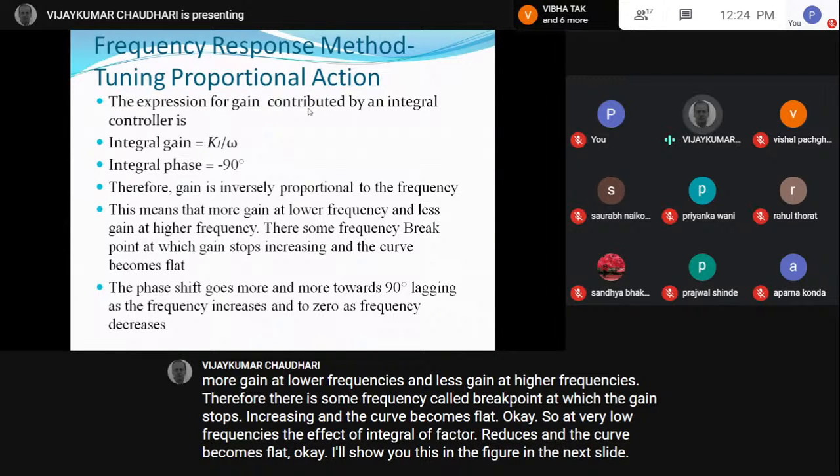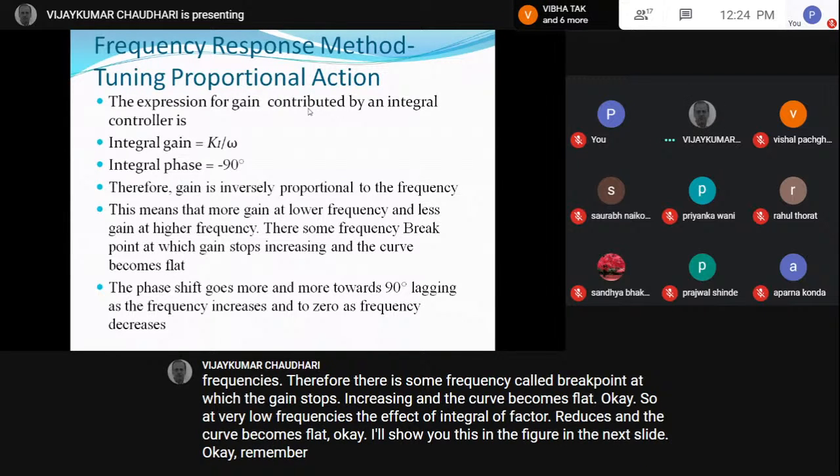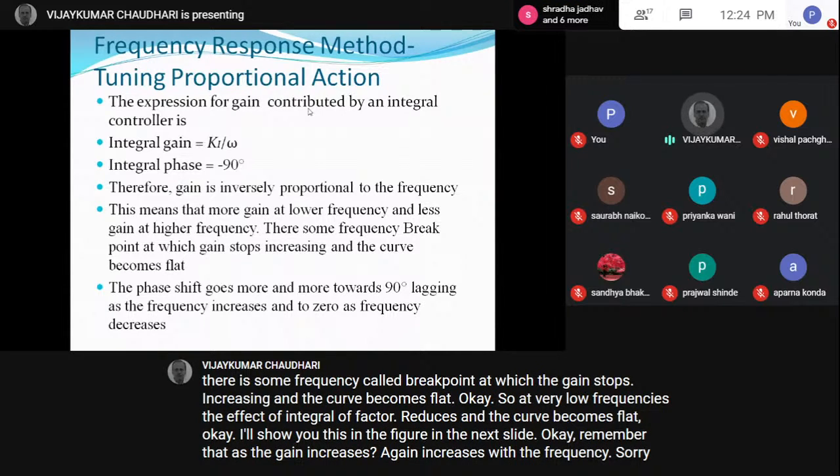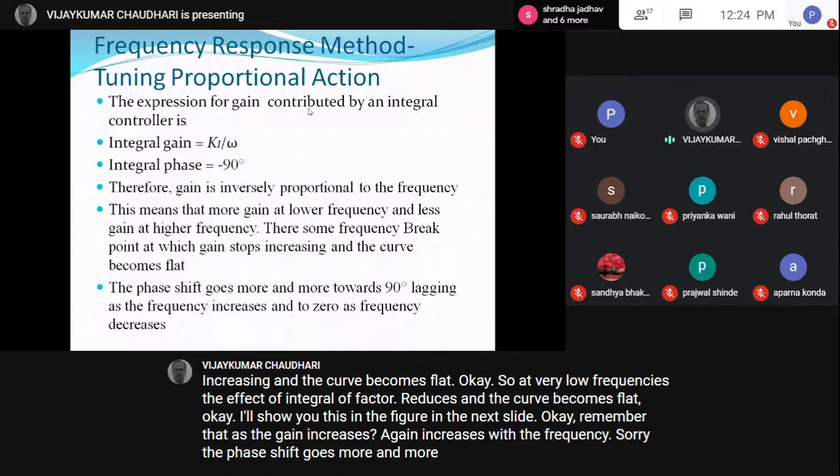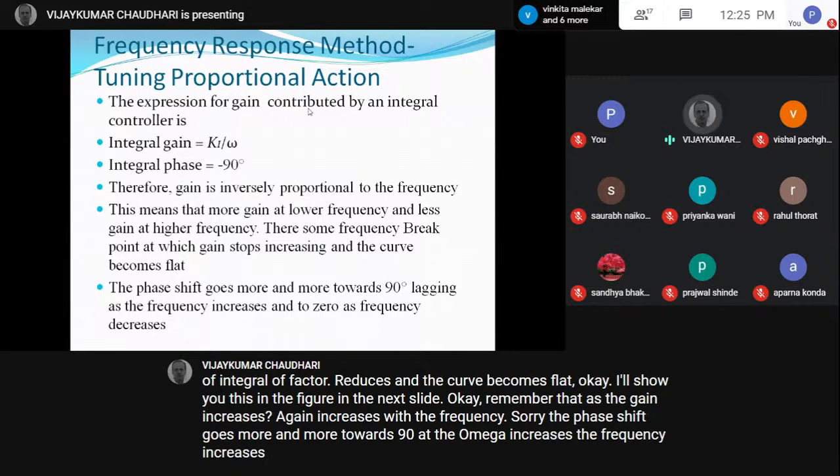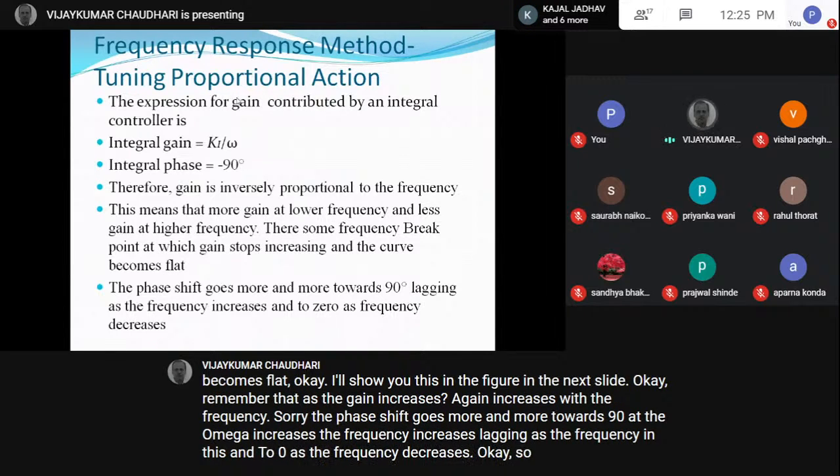Remember that the phase shift goes more and more towards 90 as omega increases, lagging as the frequency increases, and to 0 as the frequency decreases. This is shown in the next figure.